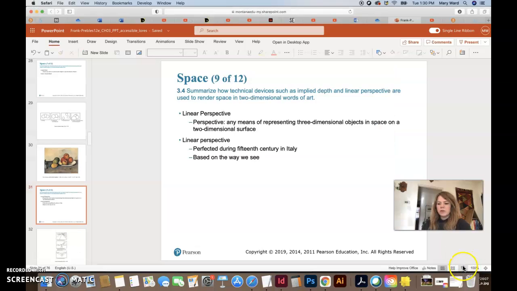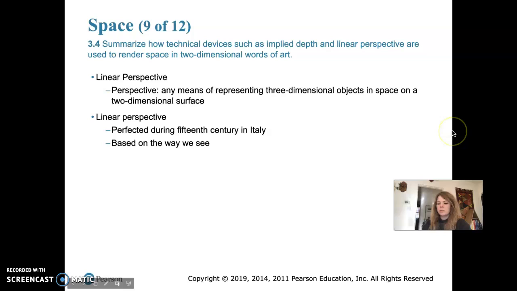Okay, I had to pause the video there for a minute, but we're going to move on to linear perspective. This is a technique used in the visual arts, and it's a means of representing three-dimensional objects in space on a two-dimensional surface. It was actually perfected during the 15th century in Italy, so in the 1400s.